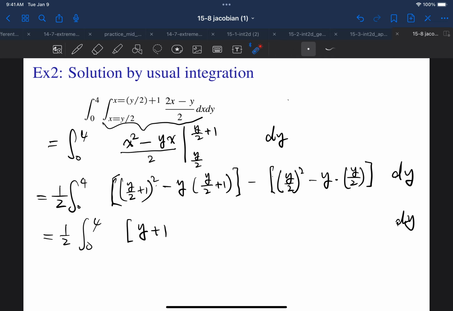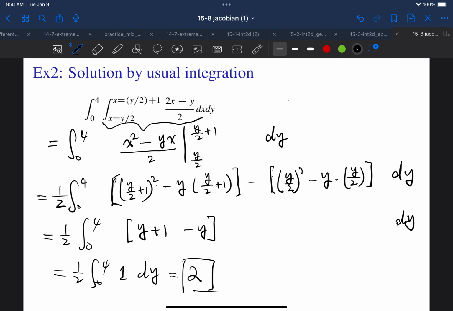And if you look at this minus this, then this term cancels this term, so it becomes negative y, so negative y dy. In other words, this is nothing but 1 inside dy, and this is 2. All right, now we know the computation. If our computation is correct, this answer gives me 2. The correct answer is 2.